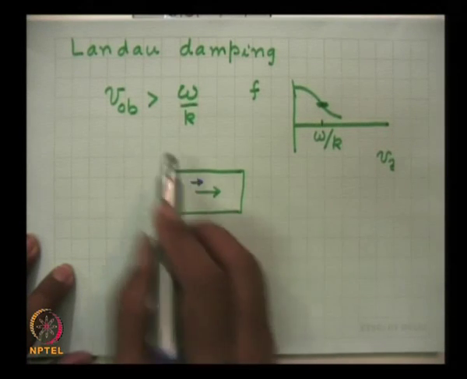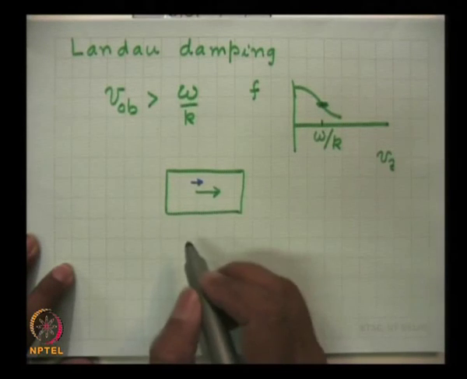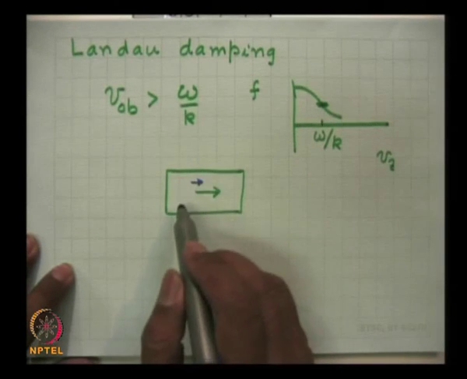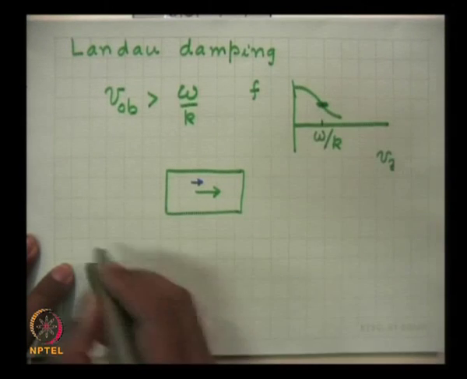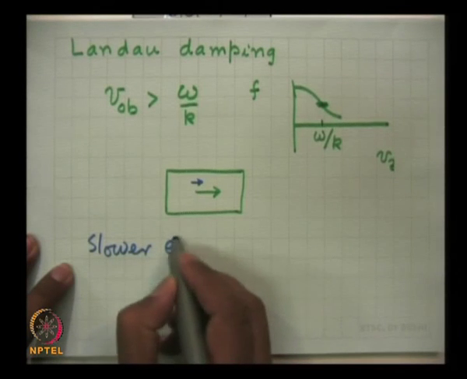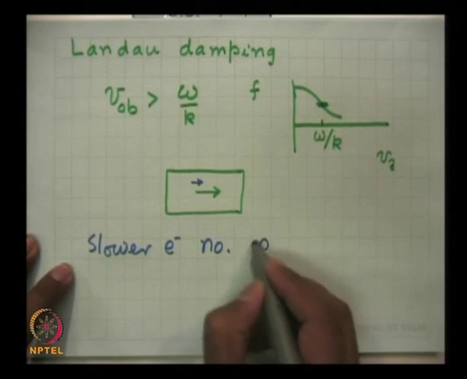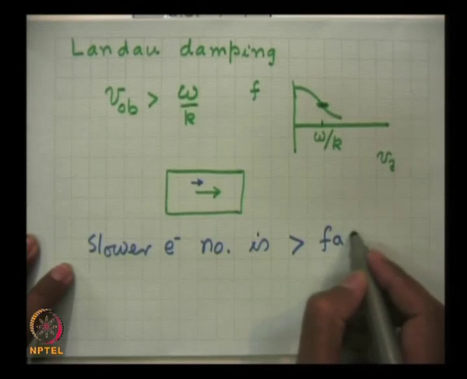Then the electrons moving with a larger velocity will give energy to the wave. The electrons moving slowly will take energy from the wave. So here, slower electrons are more in number than the faster electrons.